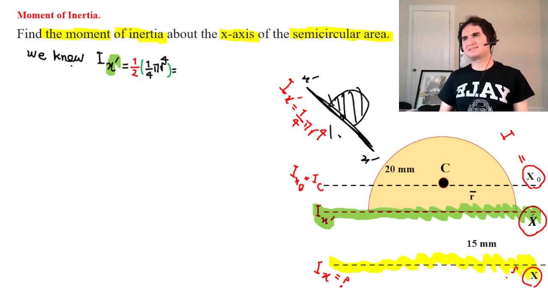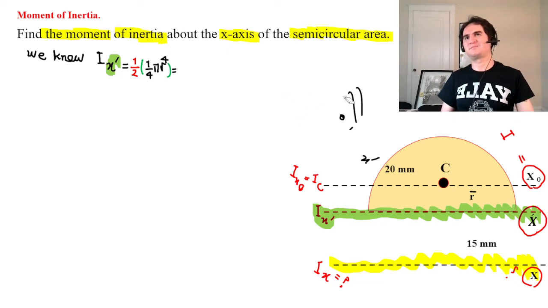So that's what we know from the geometry of a circle. If it was a whole circle, it was 1/4 pi r to the fourth, and if it just covers half of the area, it's half of that. So for a semicircle it's divided by 2. So that's Ix prime for a semicircle. It goes by half of 1/4 of pi r to the power of 4.